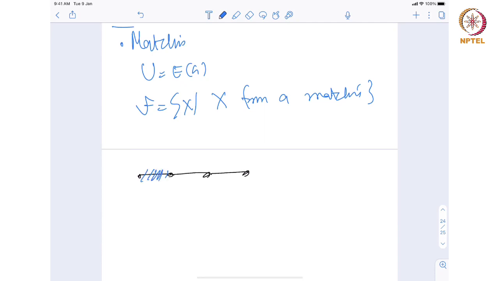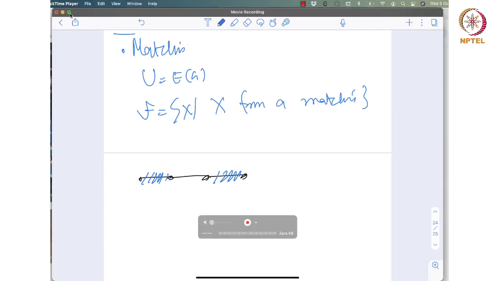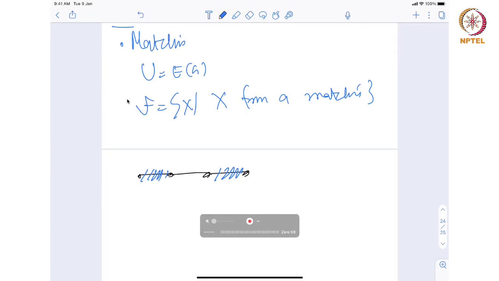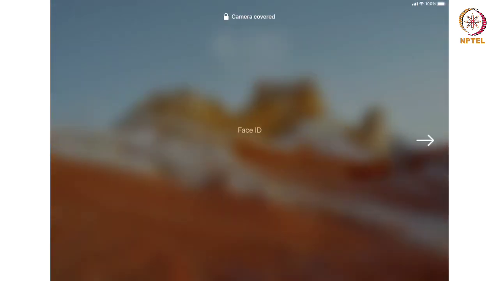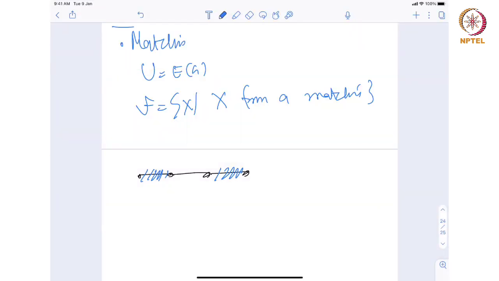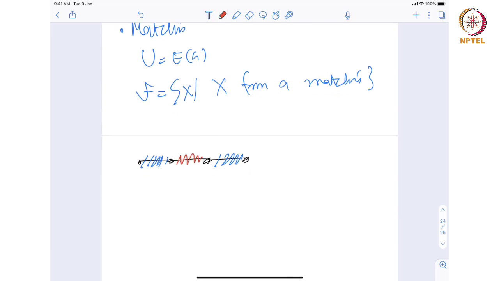In my family, I will have this set. Let's say these are red and blue matchings.